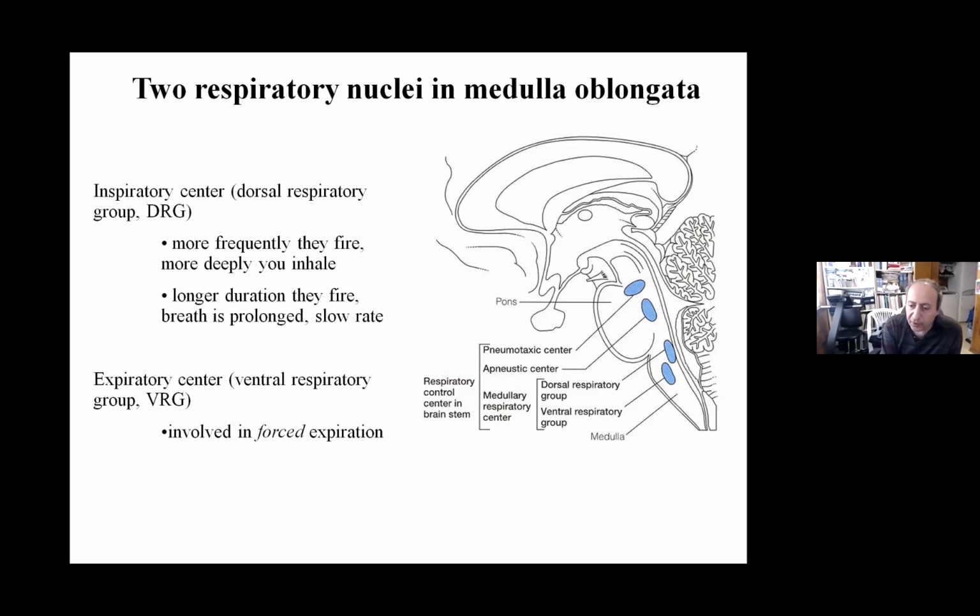If we voluntarily stimulate the ventral respiratory group, for example, if you want to blow a balloon, you have to force your expiration. So this means the VRG will be involved, and they will fire more to force the expiration.